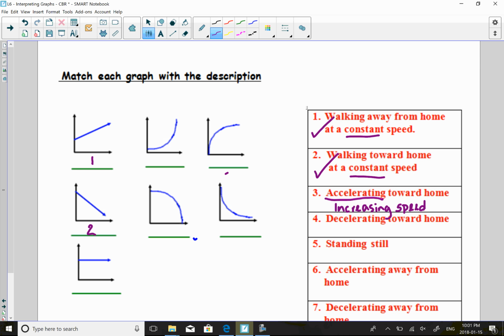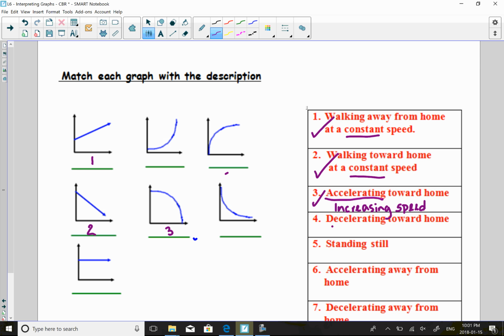So increasing speed means that it's getting more steep. Now towards home means that my home is at 0, so I'm going to be going steeper towards 0. So that looks like 3.